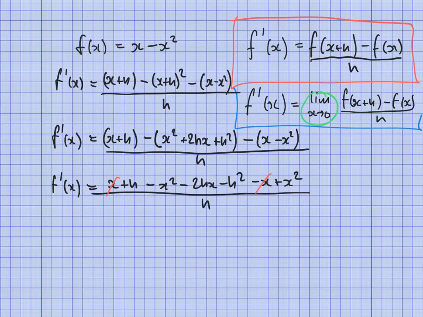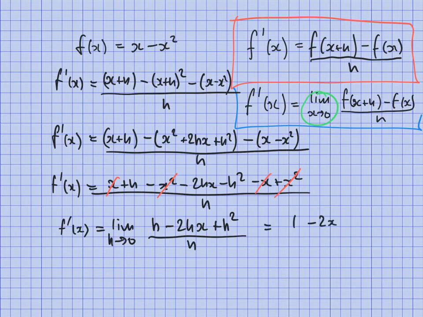x cancels with minus x, and x squared cancels with plus x squared. Rewriting this now, f dashed of x equals, and I'm going to go back and put the limits in, which I had ignored. The limit as h tends towards 0 of h minus 2hx minus h squared all over h. That cancels. Gets me 1 minus 2x minus h.